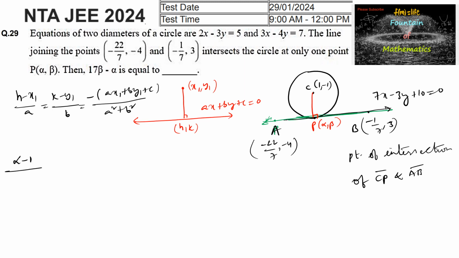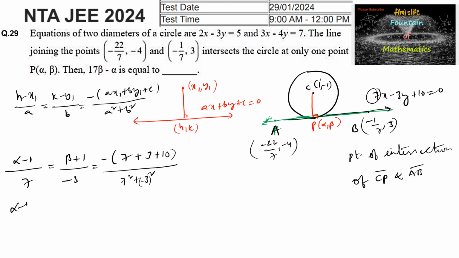So alpha minus 1 upon coefficient of x is a, here 7, which is equal to beta minus of minus 1, that is plus 1, divided by coefficient of y, which is minus 3, is equal to minus of ax1, that is 1 into 7, and minus 1 into minus 3, that is plus 3, and again plus 10, upon a square plus b square, that is 7 square plus minus 3 whole square, that is 3 square.